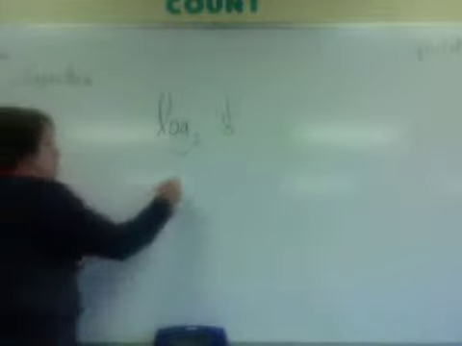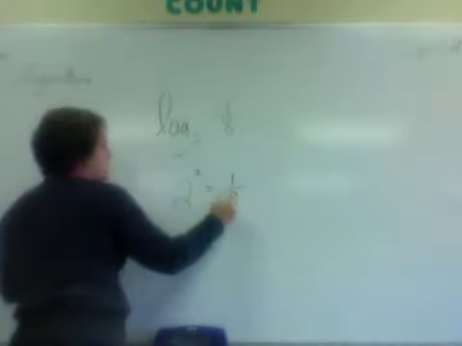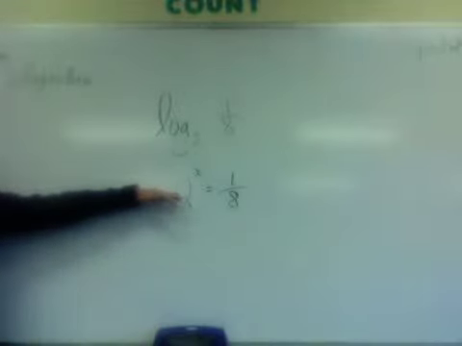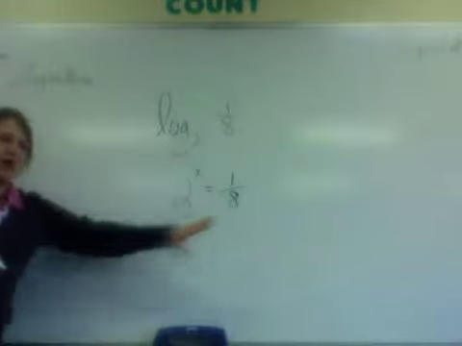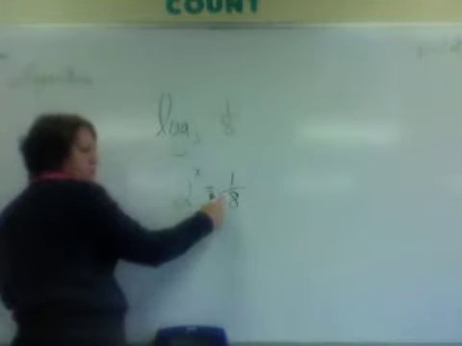The base is 2, the exponent is what I'm looking for, and 1/8 is the solution. Back to what we were just doing, last test. We've got to make our bases the same. Right now I've got whole number versus fraction. I've got to start by turning this into a whole number, which will give me a negative exponent, right?